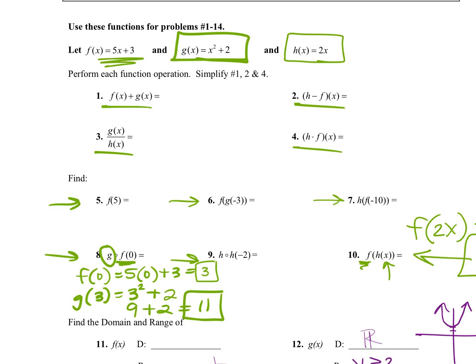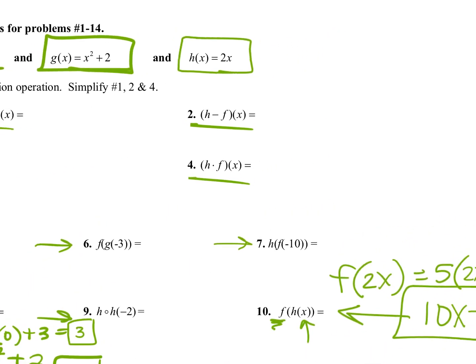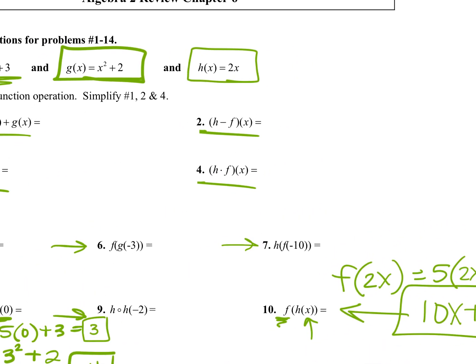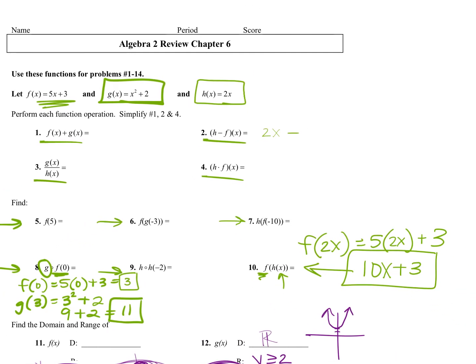Number 2? Yes. So 2 is h minus f of x. So that means you're taking h of x, which is 2x, and you are subtracting f of x, and f of x is 5x plus 3. You do have to put parentheses around it because we're subtracting the whole function, right? So it's 2x minus (5x plus 3), okay?